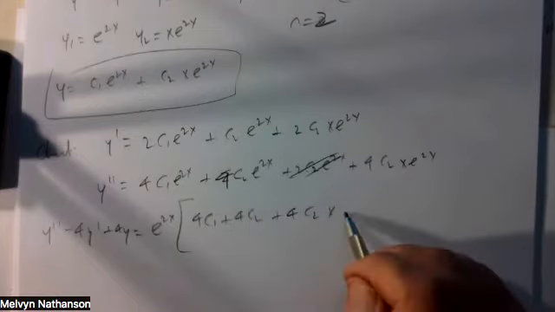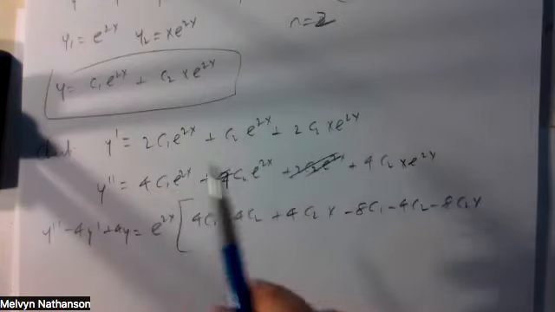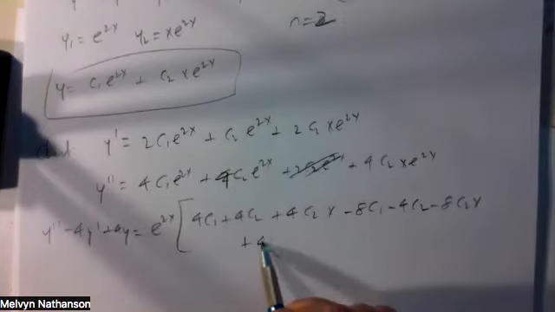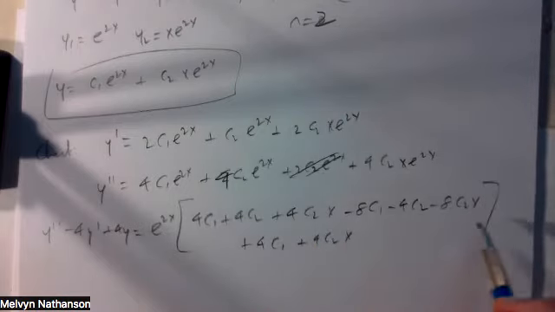So minus 8c1 minus 4c2 minus 8c2x, plus 4y, 4 times this, that's plus 4c1 plus 4c2x.